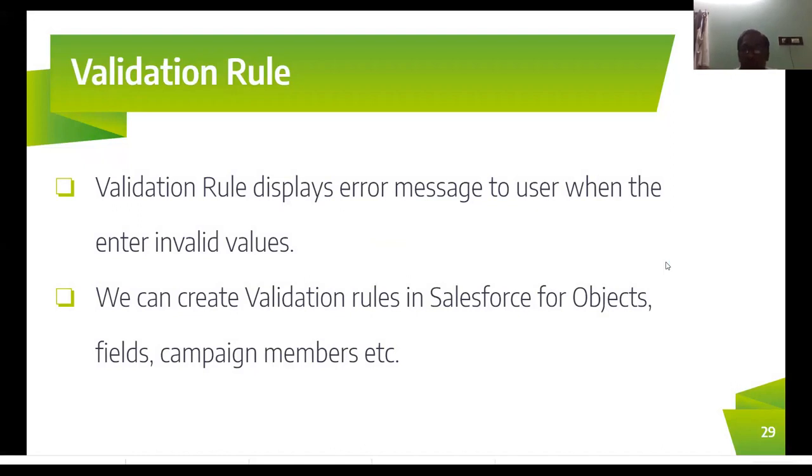On the form, when you try to enter invalid data, it shows an error message, a pop-up dialog box, saying that the entered data is wrong. We can create validation rules in Salesforce for objects, fields, campaign members, and so on.